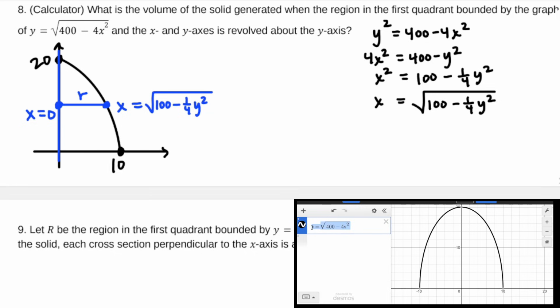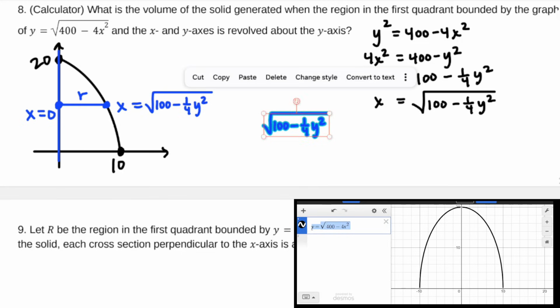So what I'm going to need to do is run an integral now. I guess radius is going to be that, so I might as well just copy that and start my integral here. Oh, this is one I guess we could have done without a calculator, but I think I've seen a multiple choice question like this one that had decimal answer choices. So that's my radius.